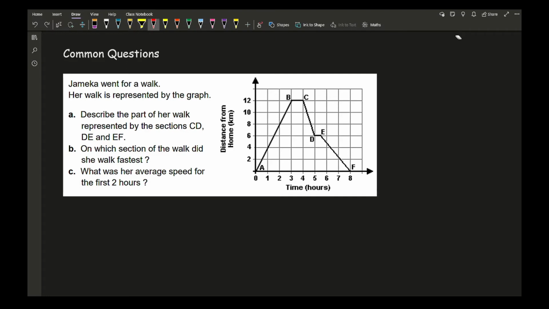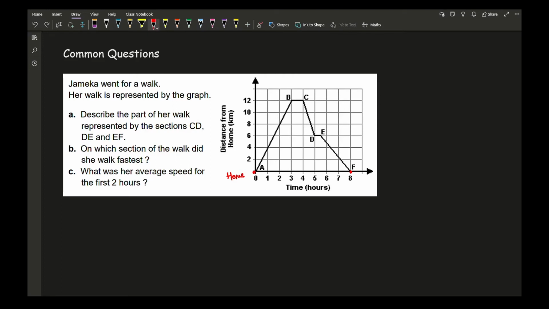So if we have a look, we're just going to assume that this point here is home. And she's going for a walk, and we don't know what each of the parts are, but we just know that our starting point is home. So she goes away from her home, and then she stops for a bit, and then she goes back.